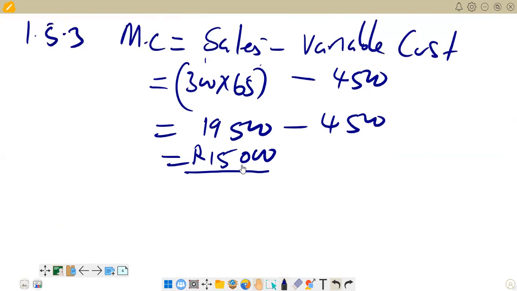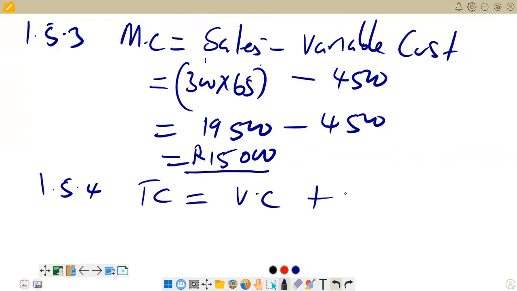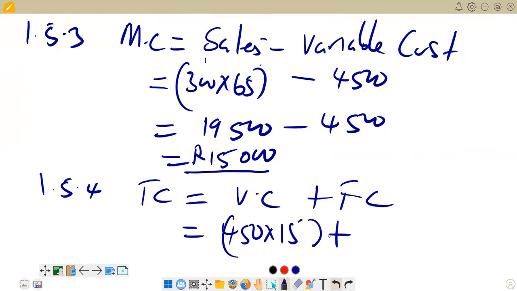So we are now on the next one, 1.5.4. We are saying total cost is equal to variable cost plus fixed cost. And then we know that our variable now is 450 times 15, and then we add our fixed cost. Remember, it's not changing, it's 35,000.